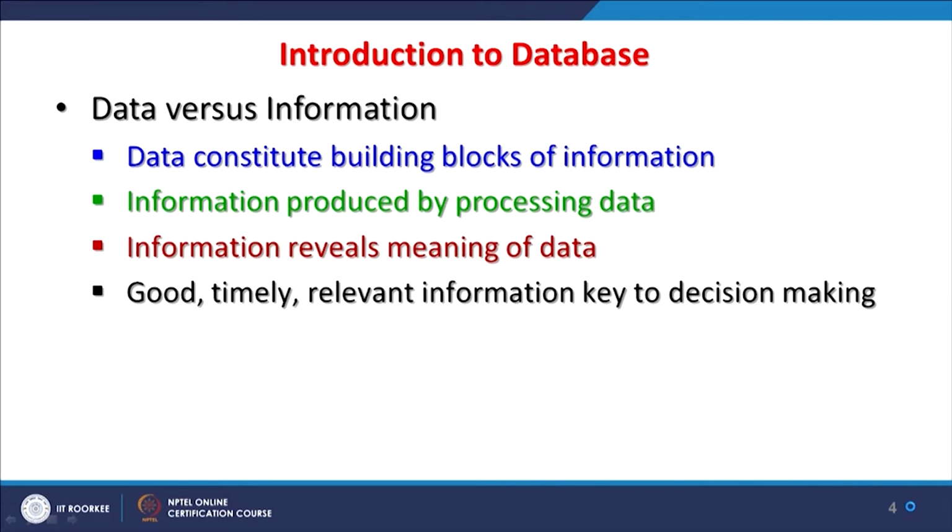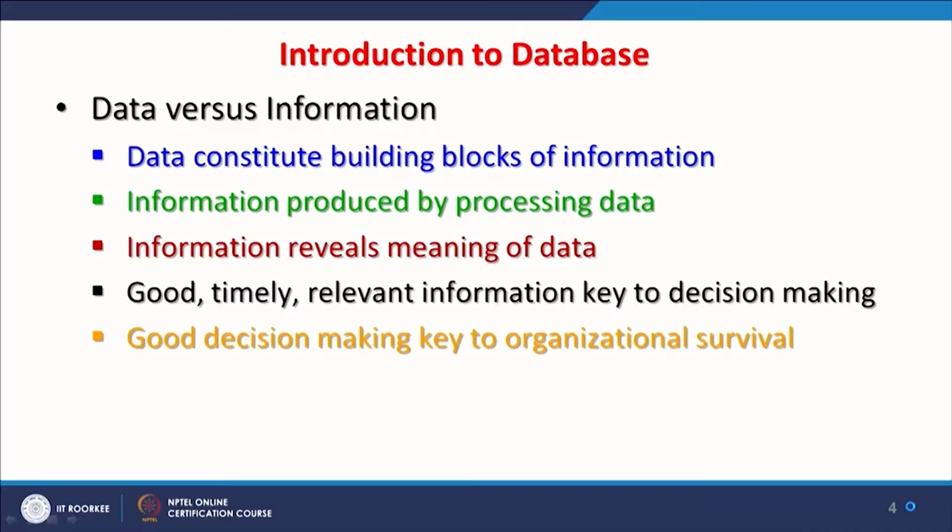Good, timely and relevant information is the key for decision making. Here, good and timely means you have not only the quality of the data, but very updated and relevant data, and that will allow us to process it as quickly as possible, convert it to information, convert it to knowledge, and when we present these scenarios to decision makers, they can make quick decisions.